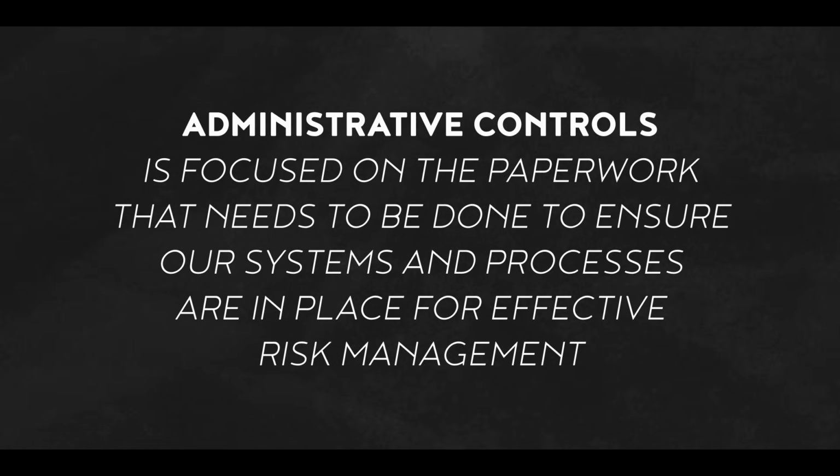As mentioned before, administrative controls are just above personal protective equipment in the hierarchy of controls. Now, as the words suggest, administrative controls are all focused on the paperwork that needs to be done to make sure that our systems and processes are in place to make sure that our risks are controlled effectively.